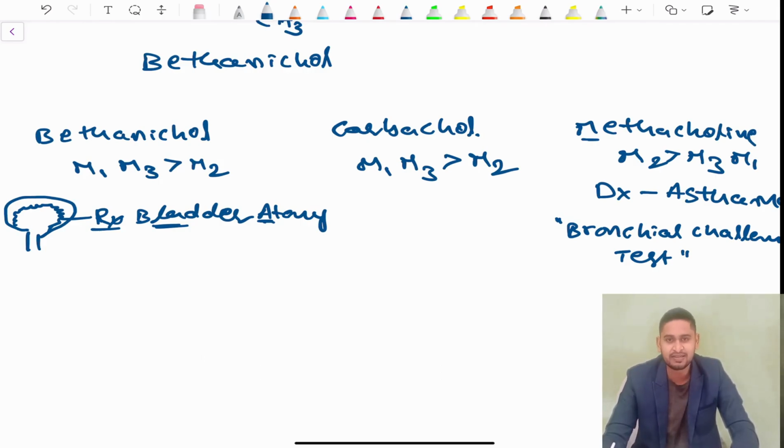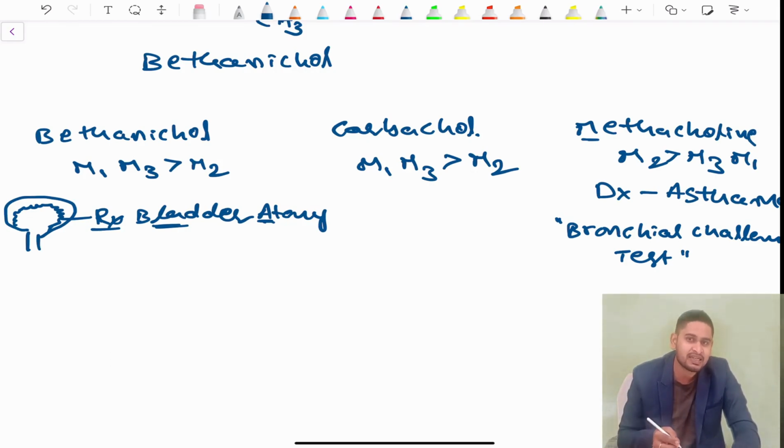To activate the motility of the GI muscles, the drug bethanechol could be used. The condition here is called gastroparesis.